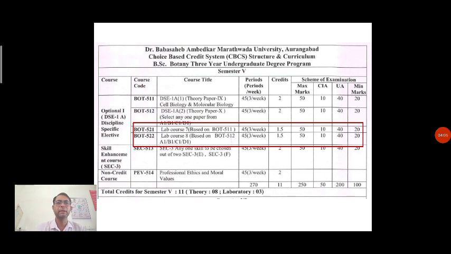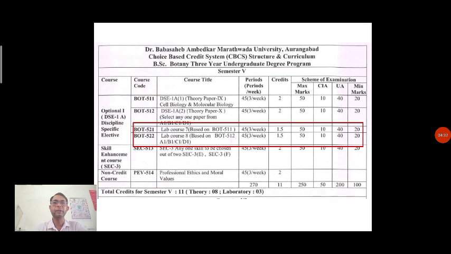When we look at the total of the semester marks, the total is 250. Out of these 250, 50 marks is for internal assessment and 200 marks is for the university assessment. So this is the total of the syllabus of the 5th semester.